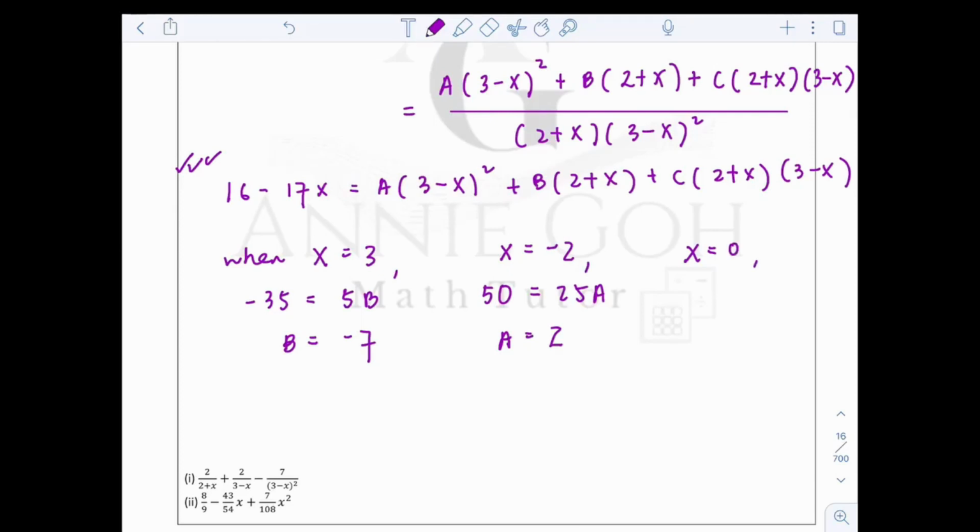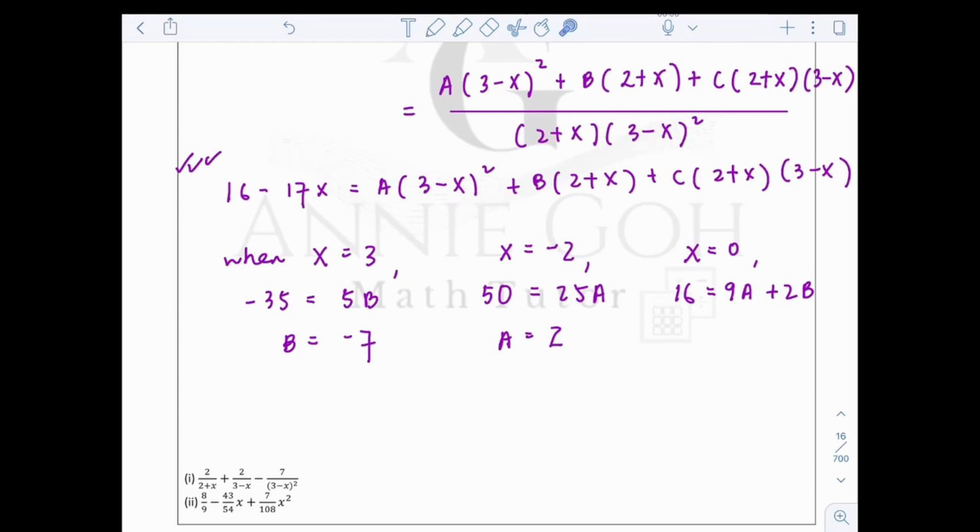So when I sub in 0 into the left hand side, I get 16. When I sub in 0 into the right hand side, 3 minus 0 squared, I'll get 9. 9a. Alright, so sub 0 into here, I'll get 2. So it's 2b.